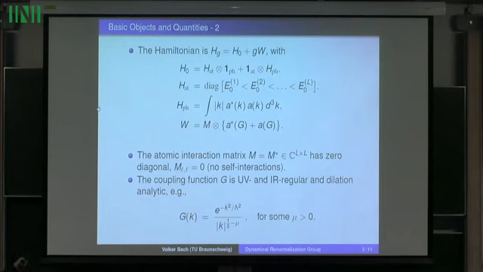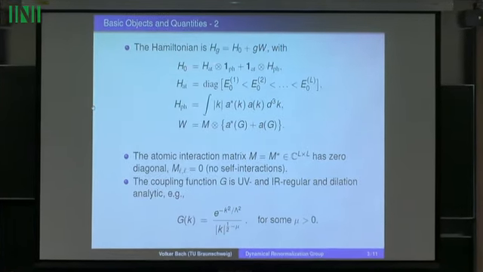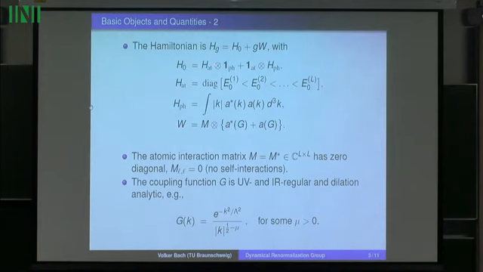So let's see in more detail what this model looks like. Again, the Hamiltonian is of a perturbative form, H0 plus g times W. And the unperturbed Hamiltonian is the sum of the two energies of the subsystem, the two Hamiltonians of the atom and the photon field, if we think of this quantum field as the photon field.